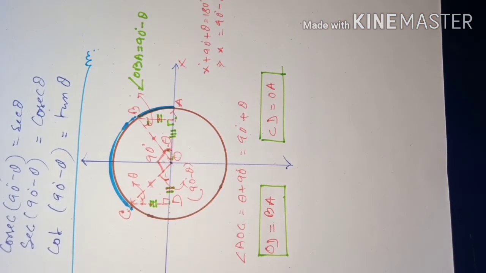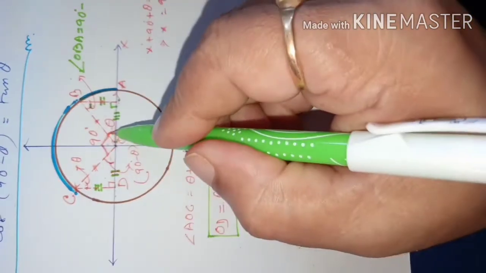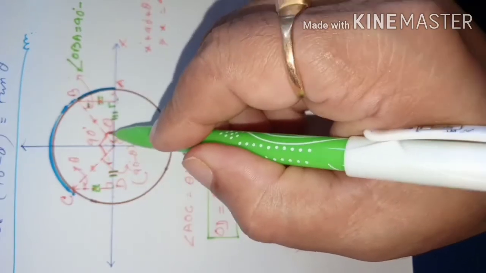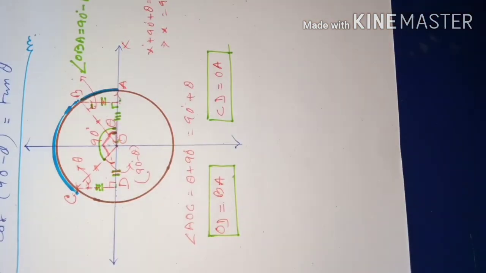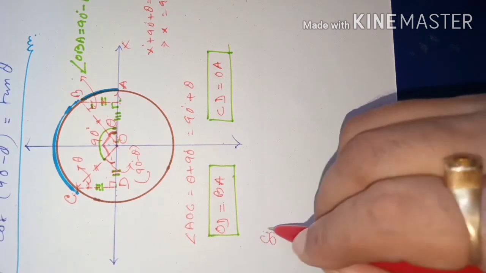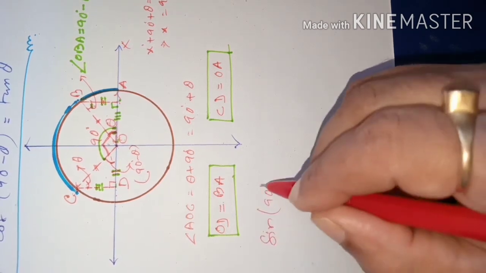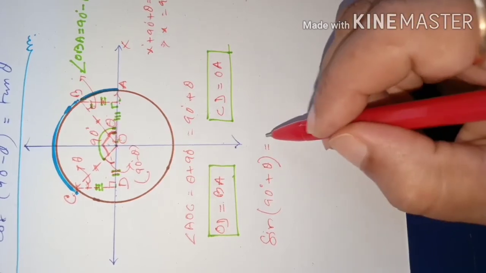Now dear students, let us write the trigonometric functions with respect to this 90 plus theta, for this whole angle. So let us write sine of 90 plus theta. When I say sine of 90 plus theta, what will you understand? Sine of 90 plus theta is equal to perpendicular on hypotenuse.